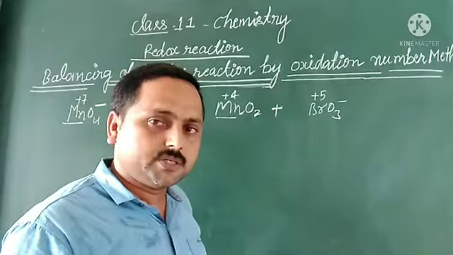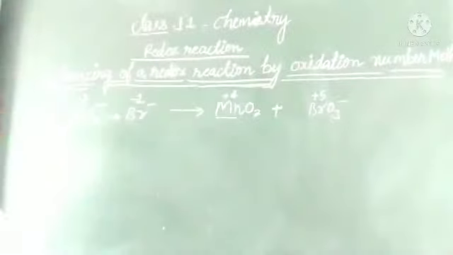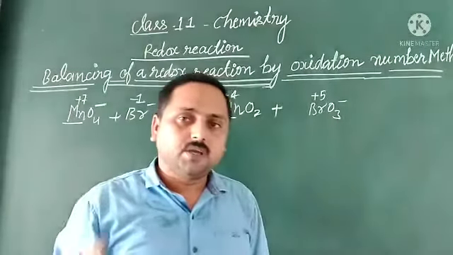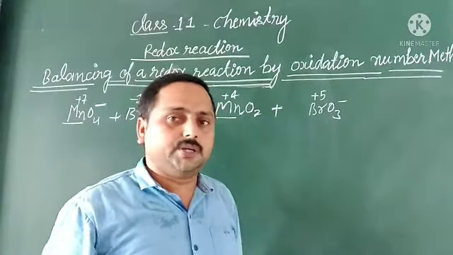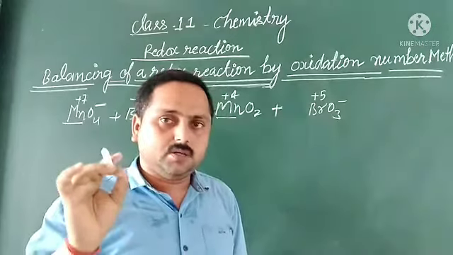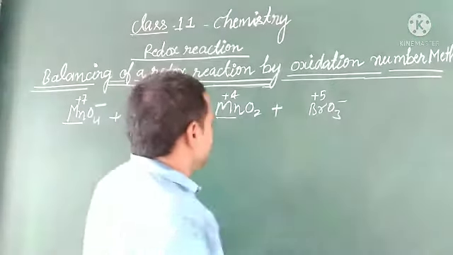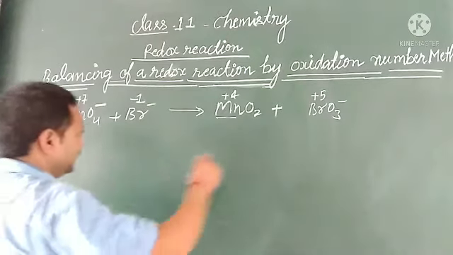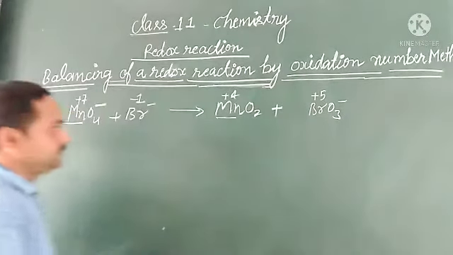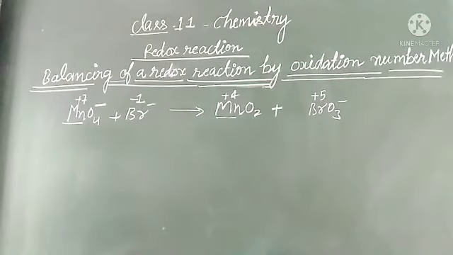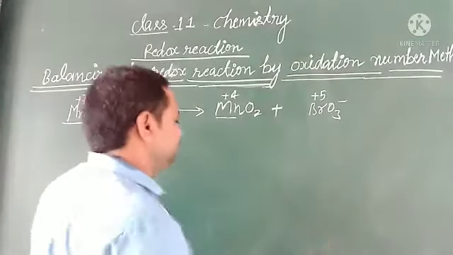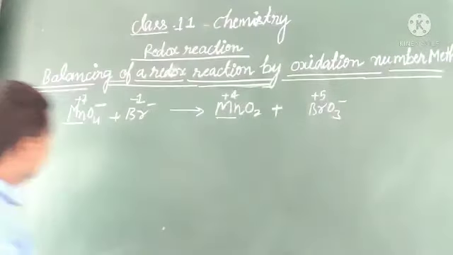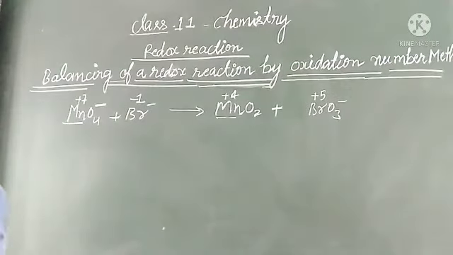A decrease in oxidation state is known as reduction. Here the oxidation state of bromine is minus 1 and it is changing to plus 5, so this is oxidation. So oxidation and reduction are clear.